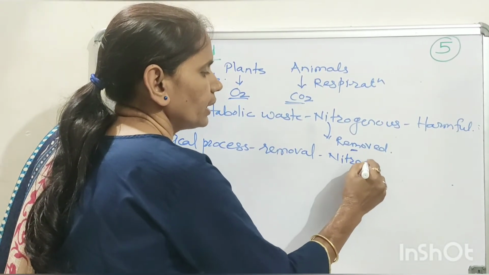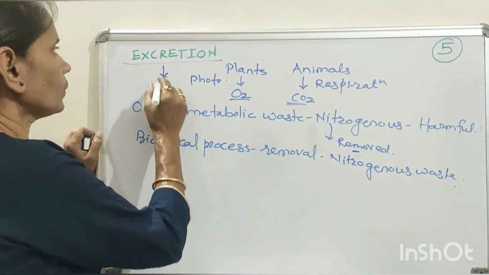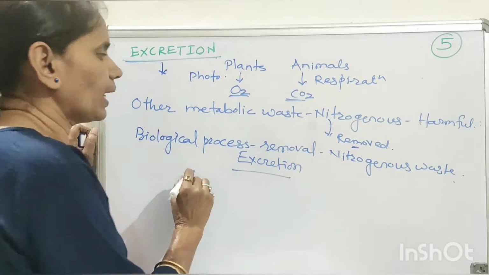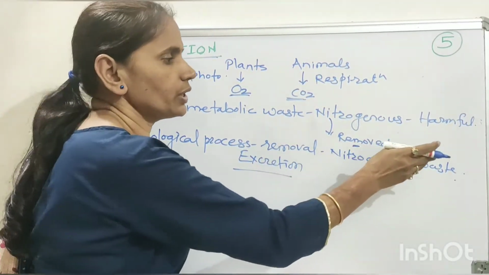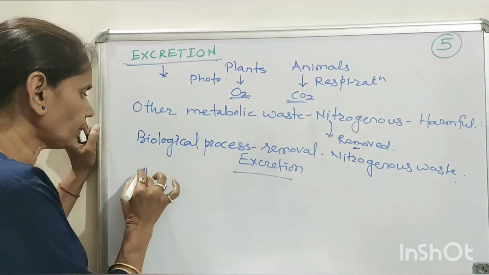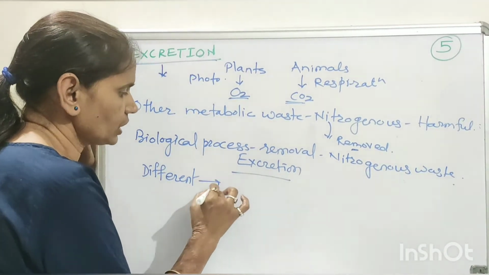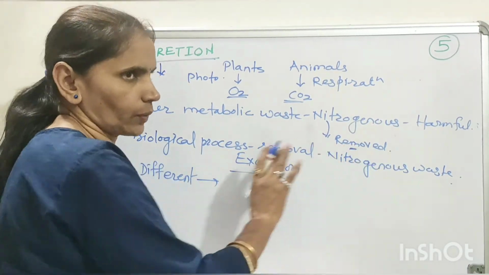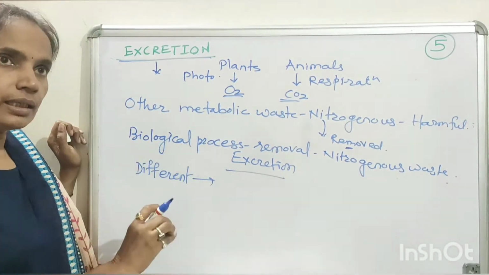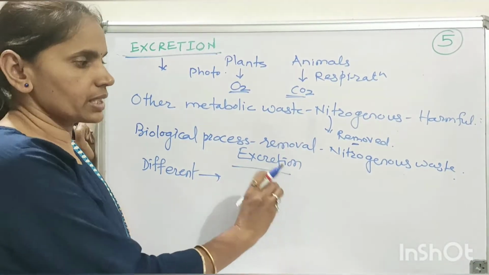The biological process of removal of harmful nitrogenous waste material from the body is known as excretion. Different organisms have different strategies for the removal of waste products. Depending on their complexity, either they may carry out the removal by simple diffusion, or they may have a well developed excretory system.